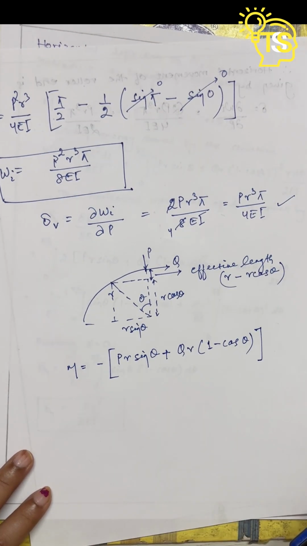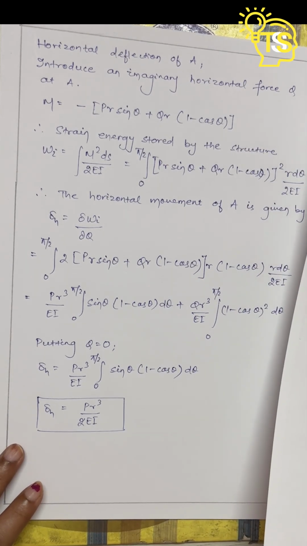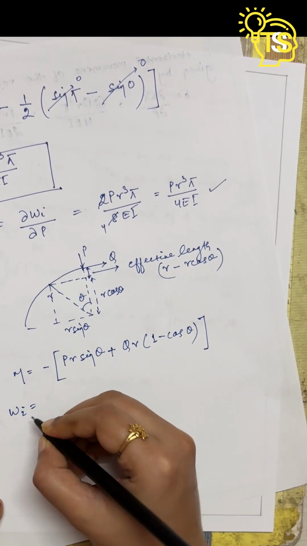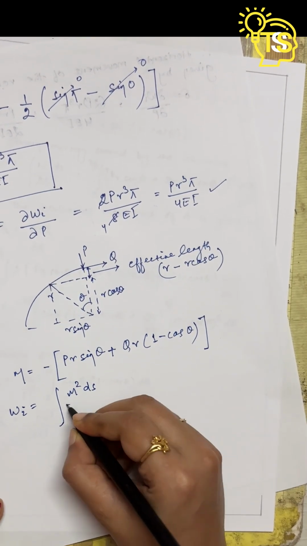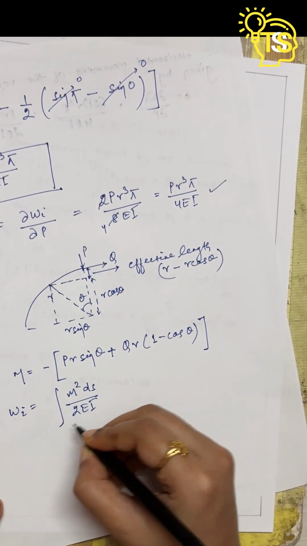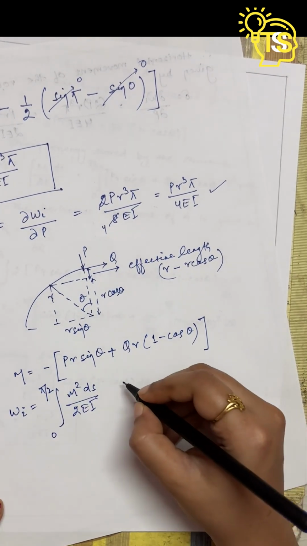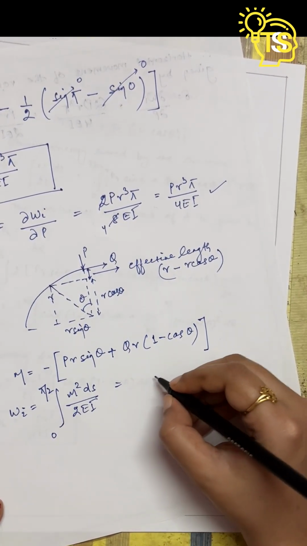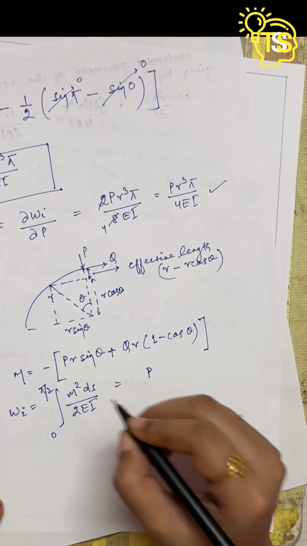Now let's calculate the strain energy stored by the structure. The formula of strain energy is integration of M square ds upon 2EI. The limit will be taken from 0 to pi by 2. Let's put the formula of moment.